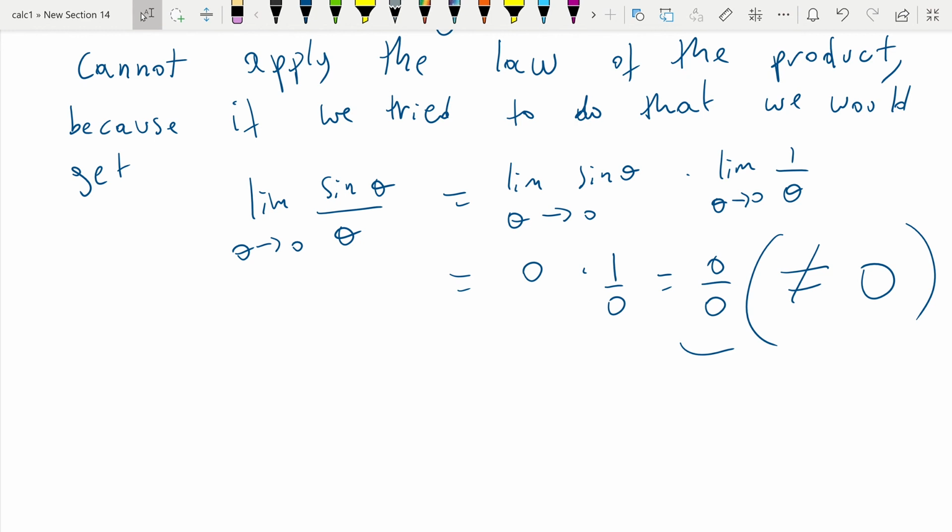If you write it as a quotient, one of the requirements is that the limit at the bottom is not equal to 0.